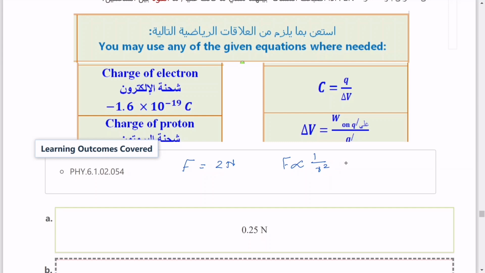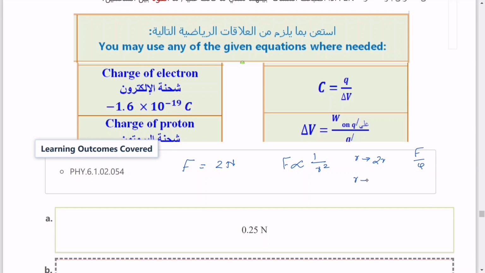As force is inversely proportional to the square of the distance, which means when distance increases, force decreases. When distance is multiplied by 2, then force will be divided by 4, because the square of 2 is 4, right? So 2 squared is 4.